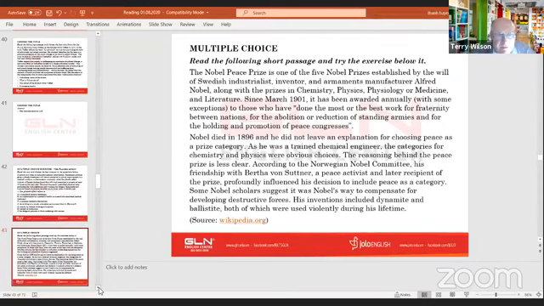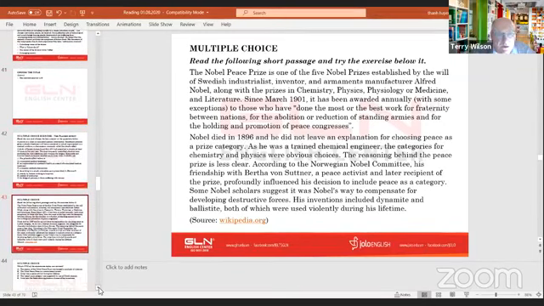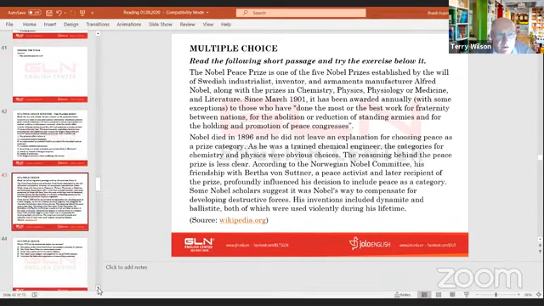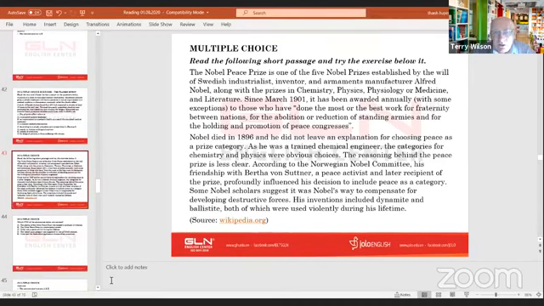Let's have a look at another text. And this is also multiple choice. So just read the text first, and then I'll show you what answers need to be chosen.